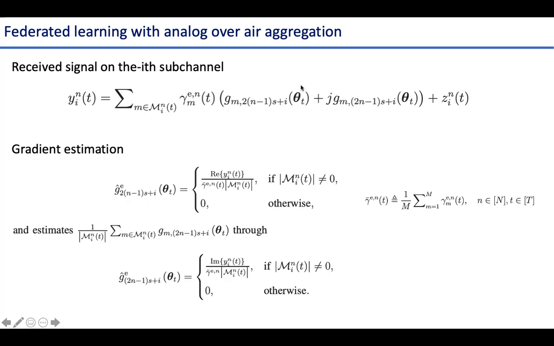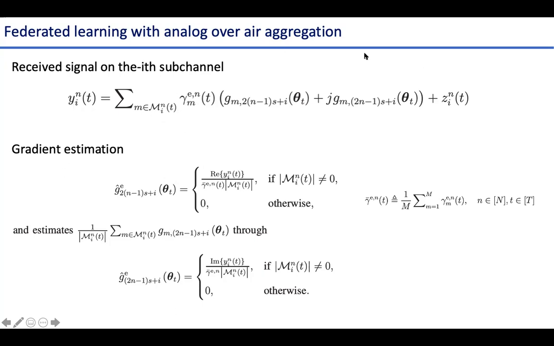So every worker is sending one component on the real part and another one on the imaginary part, and those sent from different users on the real part of the subcarrier are aggregated together over the air, and what reaches the parameter server is the aggregation of those values. So here we sum over m belonging to the set. The set contains the workers that are transmitting on subcarrier i at iteration n.